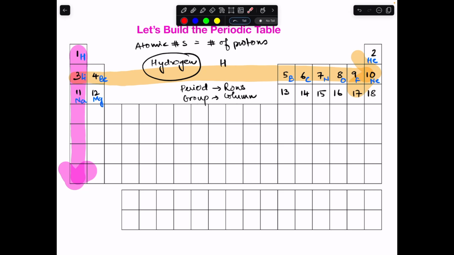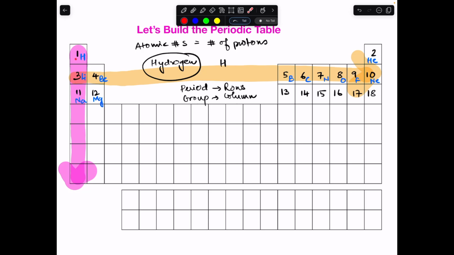So in the periodic table, the columns are called groups, and the rows are called periods. The periodic table is built up of increasing atomic numbers. If you go across a period, the atomic numbers increase by 1. And if you go down a group, the atomic numbers do not increase by 1.